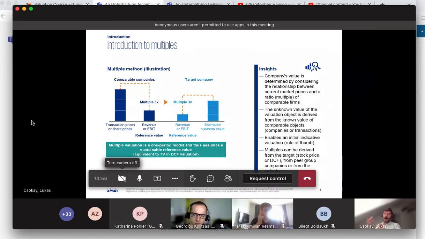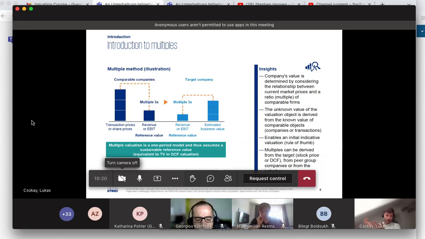And then you apply that same multiple to your company with a different reference value, with a different EBIT, your own EBIT, for example, or your own revenue figure. And so you come up with your company's business value.